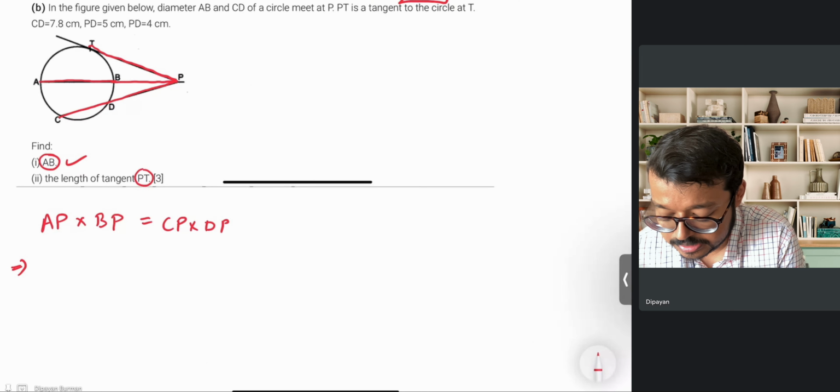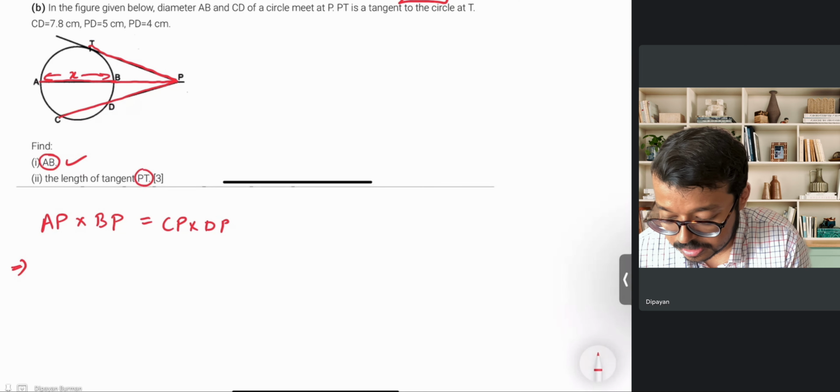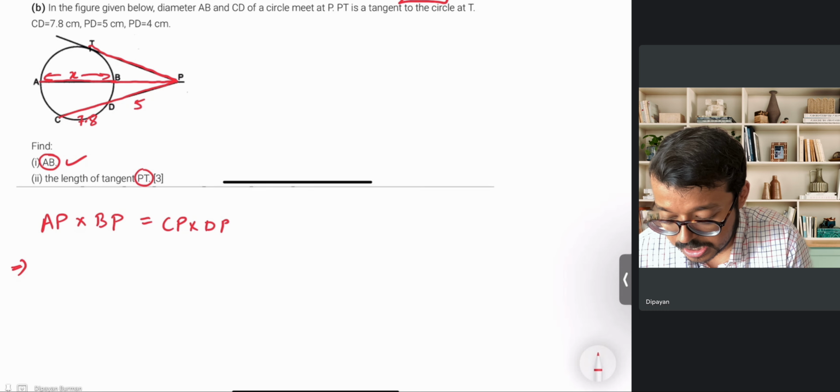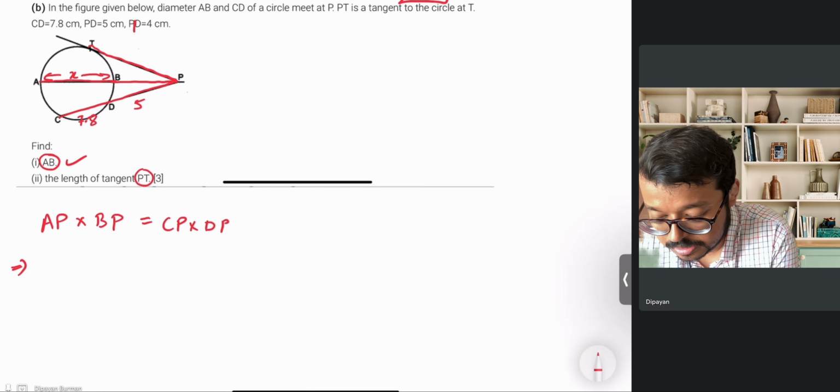Let's say that the length of AB is X, and it is given that CD is 7.8, PD is 5, and PB is 4.